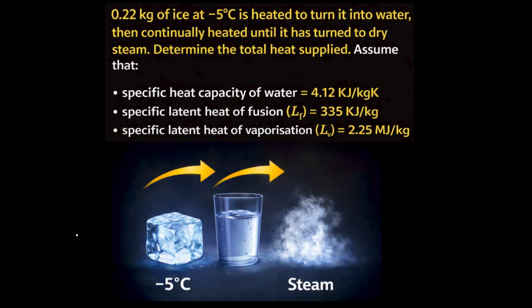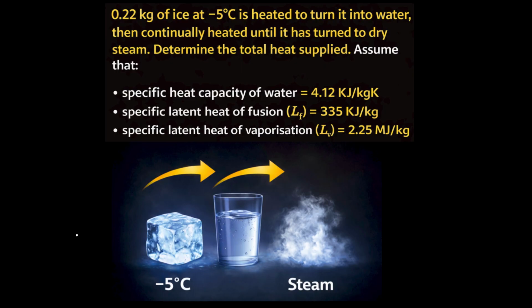And we're given some important metrics here. So these quantities for specific heat capacity of water, which measures how much energy it will take to raise the temperature of 1 kilo of water by 1 degree Celsius in this case.